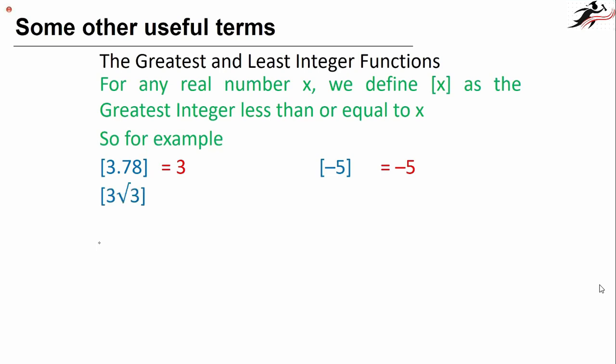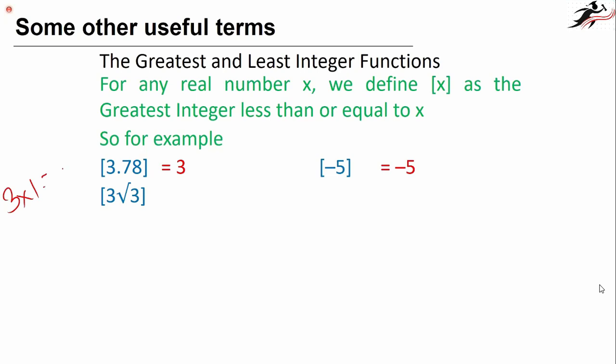3 root 3. What is the value of 3 root 3? Three root 3 is equal to 3 into 1.73.